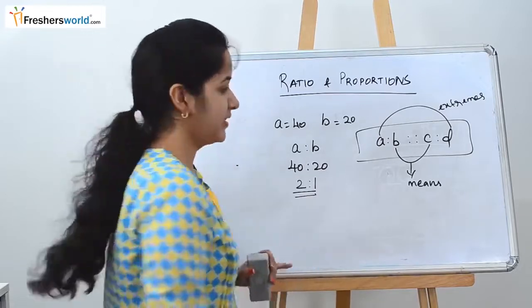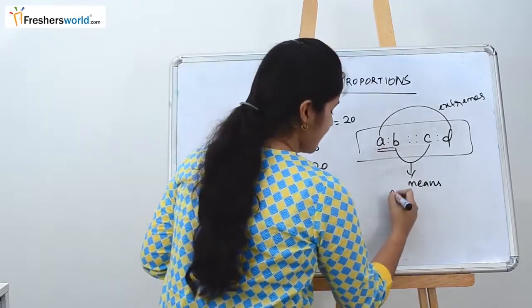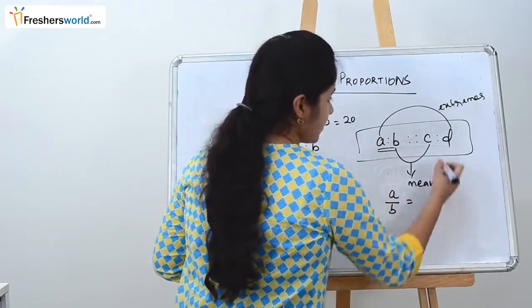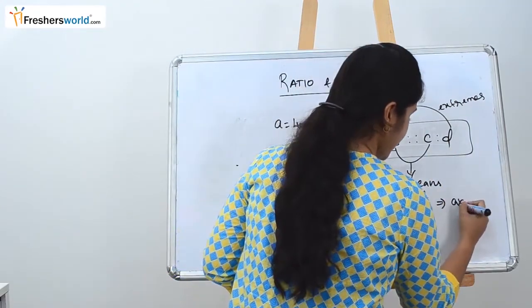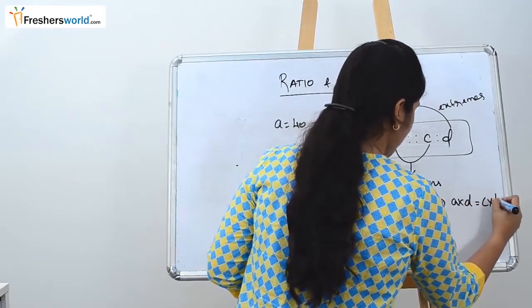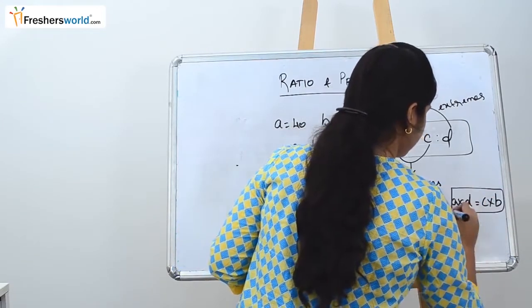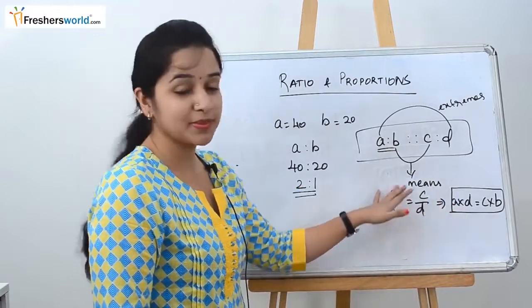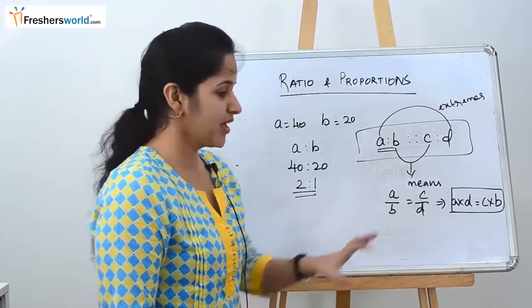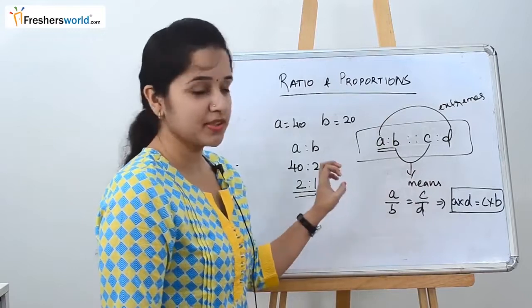How can you represent it? We know that A is to B we represent as A by B and C is to D we represent as C by D, which can be solved as A into D equals C into B. You should know this concept because there will be a lot of cross multiplication involved in ratios. So understanding of this concept is a must.